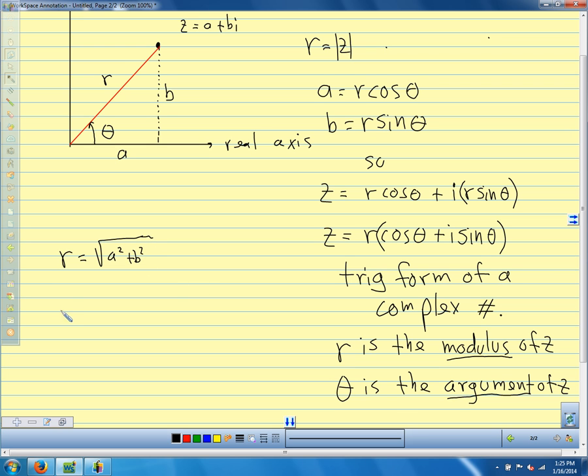And to find our argument, theta, how are we going to find our angle theta if we have our complex number? What did we do when we had our vector, when we had ai plus bj? Inverse tangent. Theta equals the inverse tangent of b over a.